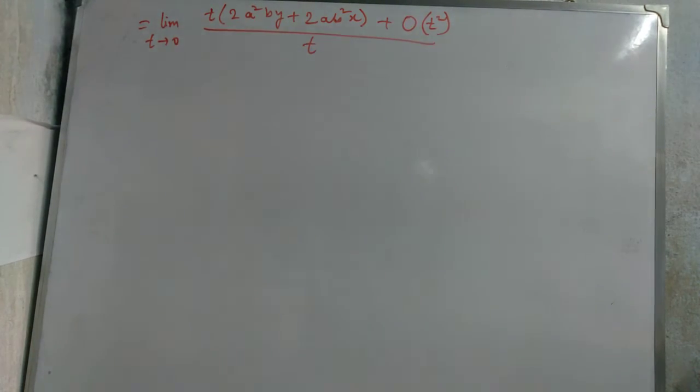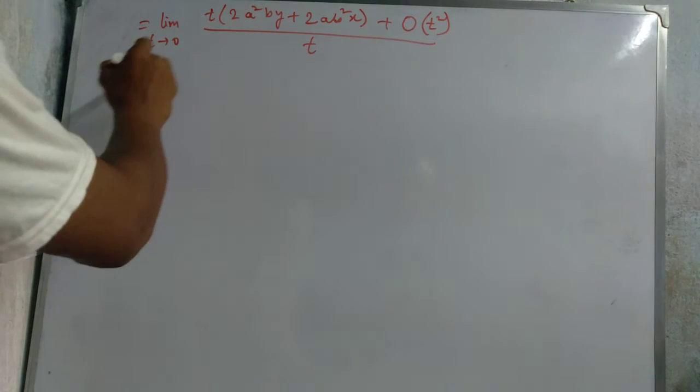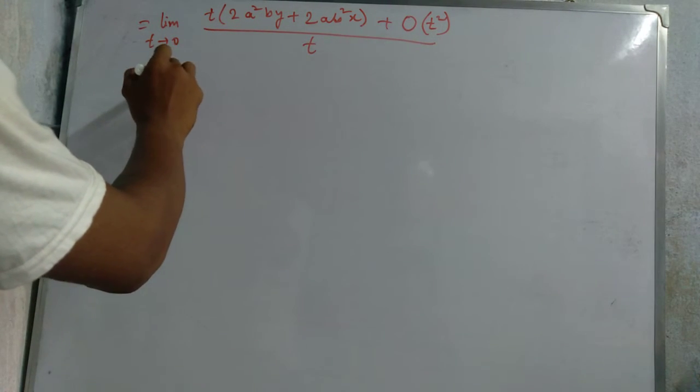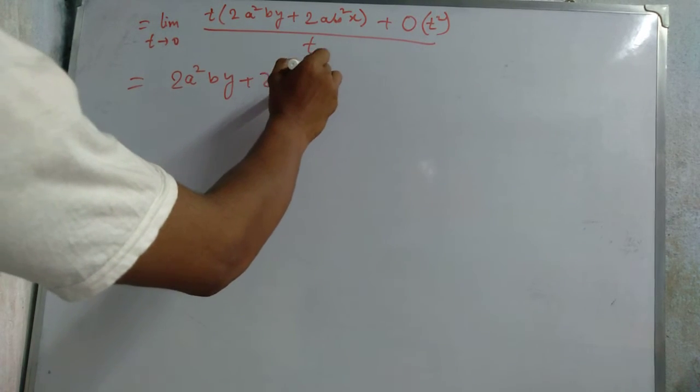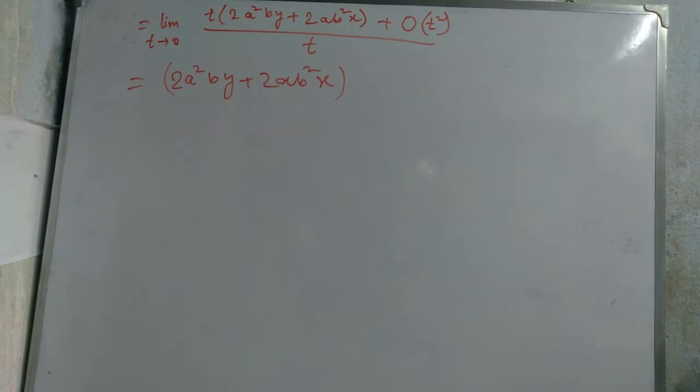We will not calculate this one. Then we show that 2a square by plus 2ab square x is the limit of this.